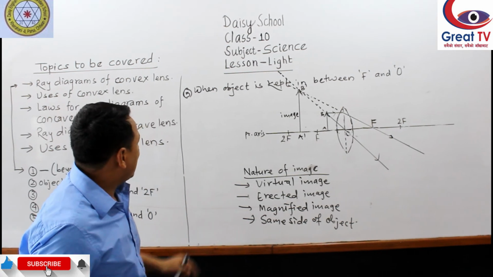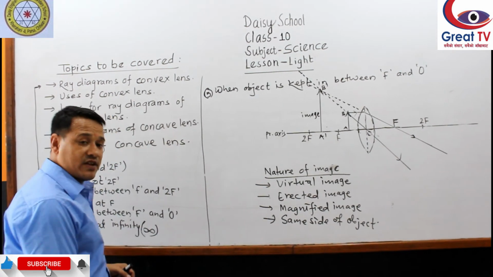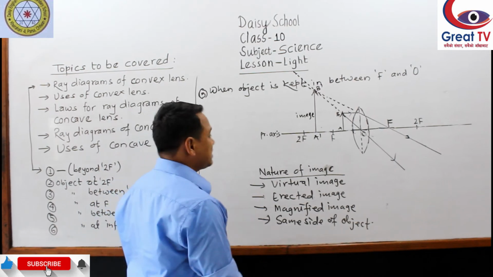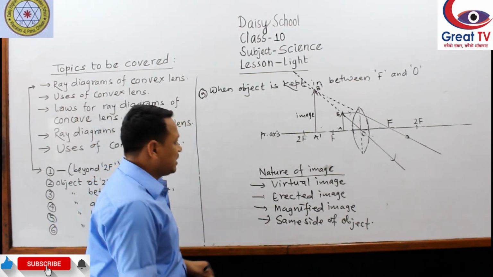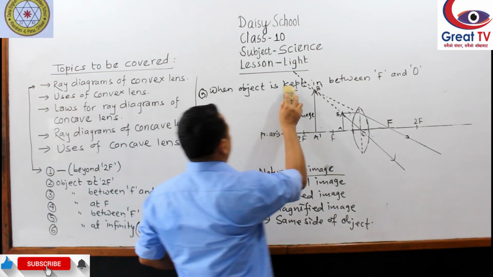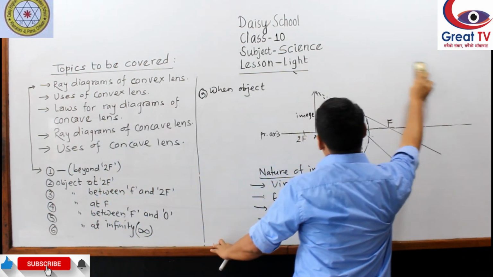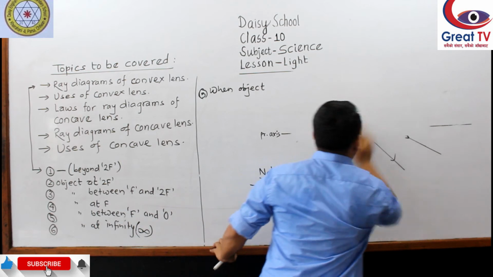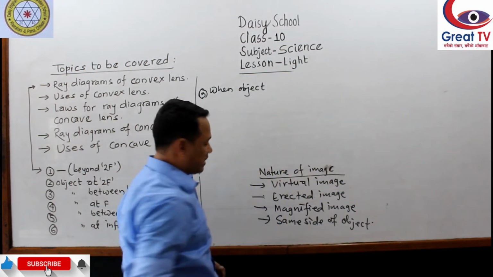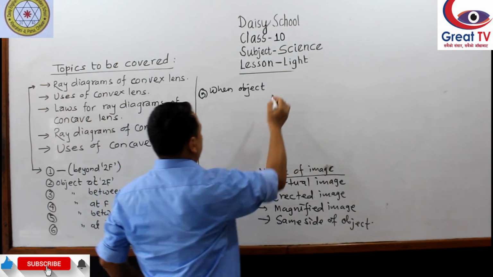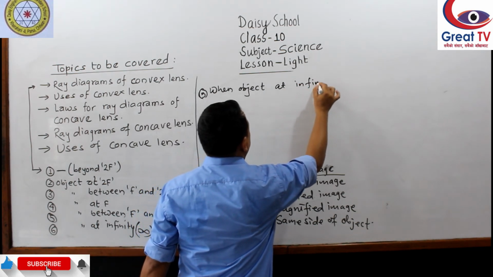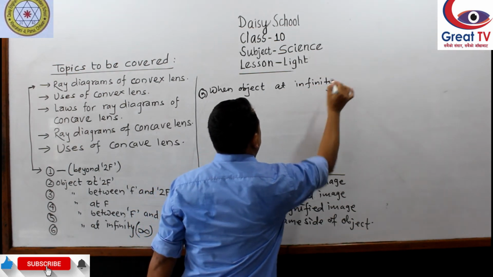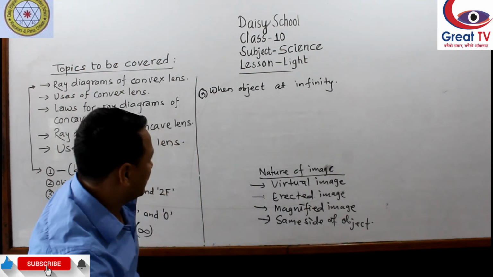And next one, last case of the convex lens, when the object is at infinity.